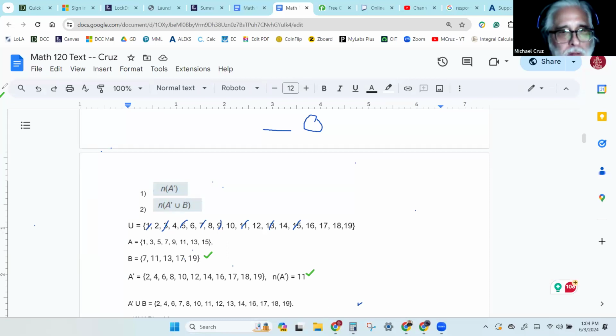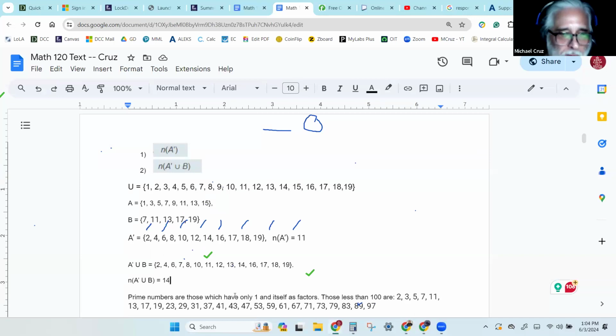So the number of elements: 1, 2, 3, 4, 5, 6, 7, 8, 9, 10, 11, 12, 13, and 14. So the number of elements in that set, A complement union with B, is 14. All right, we all right on that?